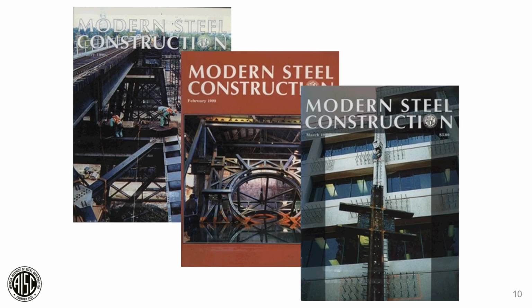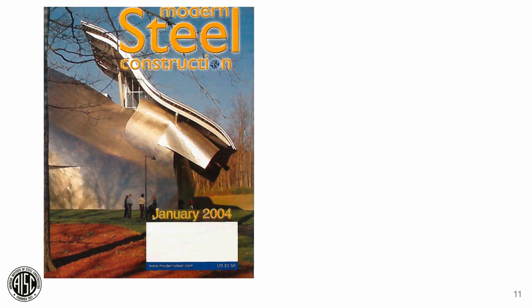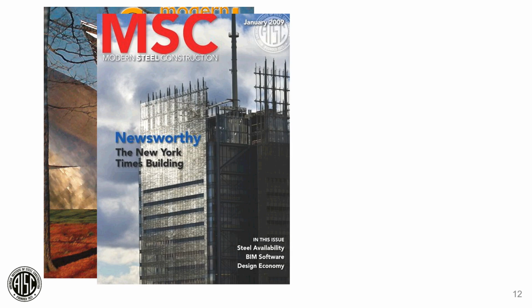Now, those of you who have been longtime readers of Modern Steel Construction may remember this series from January, February, and March of 1999. It was a three-part series on this same subject, Are You Properly Specifying Materials? Well, after we did that in 1999, about 5 years later, we combined it all into one article in January 2004. Keeping with that same progress, in January 2009, we published the article updated again because material changes every few years.